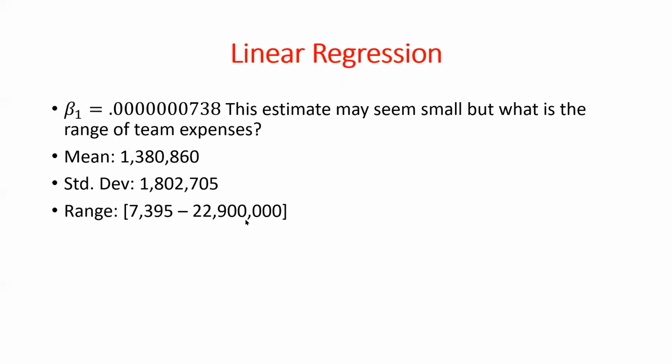In fact, if we look at the data, they're spending millions, right? The average is 1.3 million, but there's a pretty large standard deviation, and we see the range goes all the way up to almost $23 million. So, $1 is pretty insignificant, right? We might see teams increasing their expenditures by hundreds of thousands of dollars.